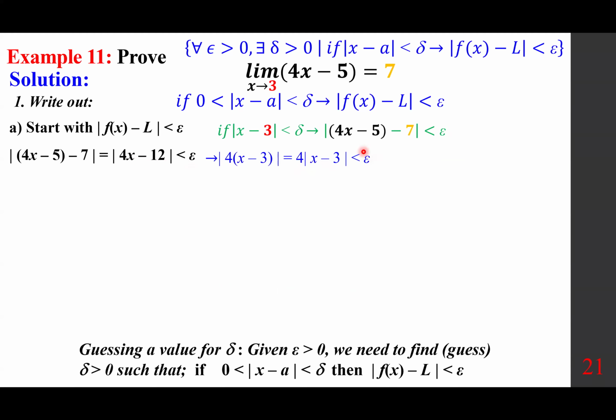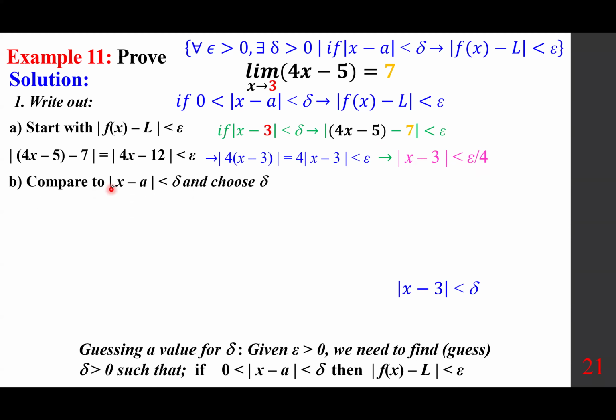Now, if I divide both sides by 4, I get absolute value of x minus 3 less than epsilon over 4. Now it looks almost like that. Compare it to absolute value of x minus a less than delta, we notice the left sides are identical. So what should be the choice of delta? Delta should be epsilon over 4 for this to work.